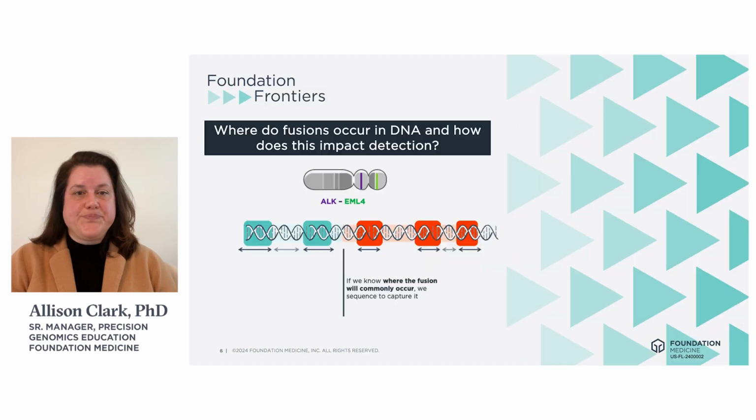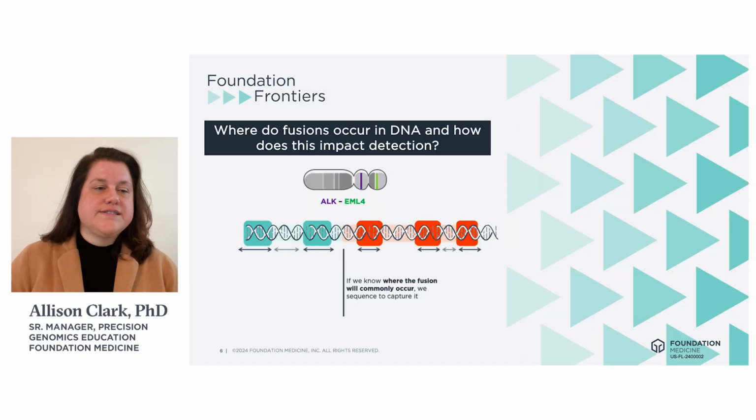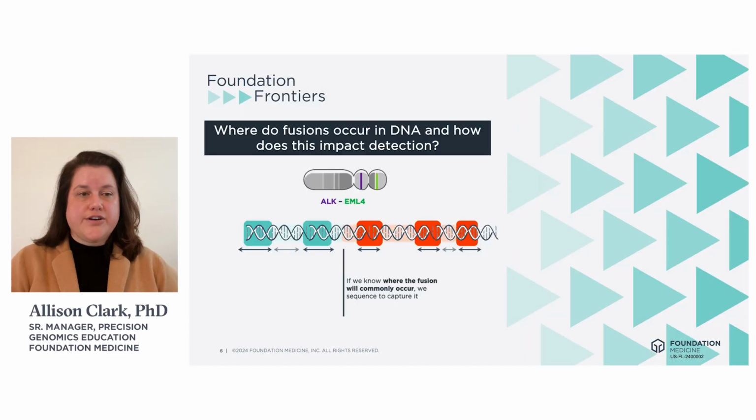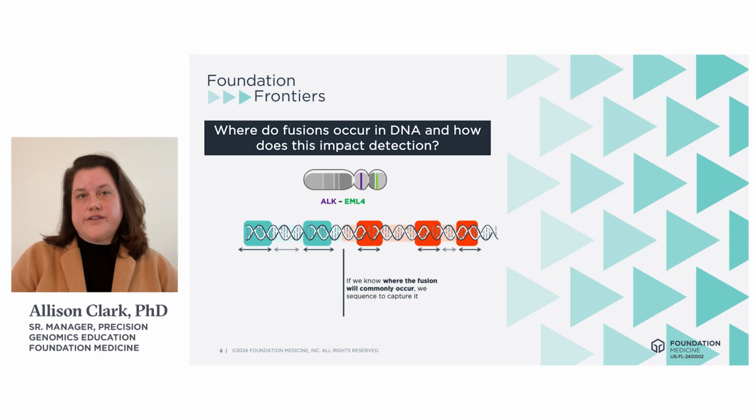tumor types. When we're thinking about gene fusions, it's important to consider where these occur and how they can be detected. So many gene fusions occur in the intronic regions of DNA. So these are in the non-coding regions of DNA. And when this happens in a common chromosomal breakpoint, they can be readily detected by DNA sequencing. However, when these occur either in an uncommon region of the DNA or when they occur in a large repetitive intron, they can be more difficult to detect with DNA-based NGS.